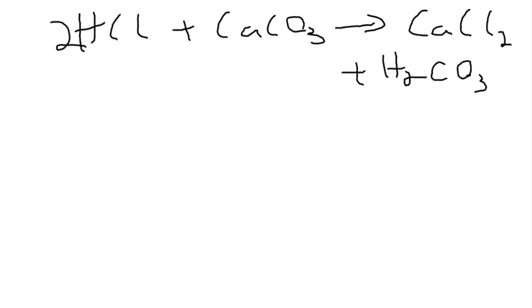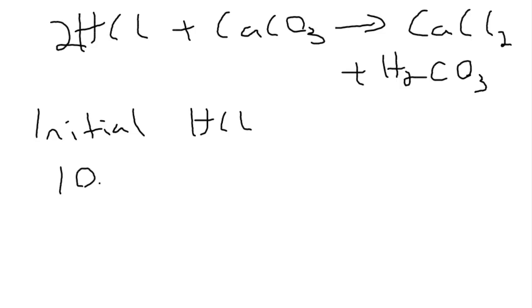So we need to know how much acid we added initially. So the amount added initially of hydrochloric acid, that we know because we know that we have 10 milliliters. Let's convert that into liters.